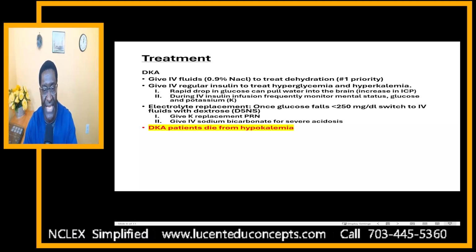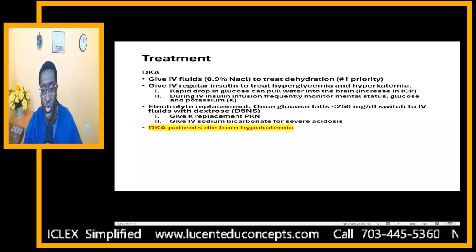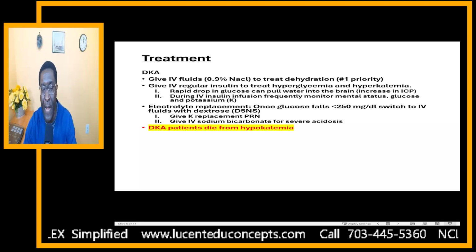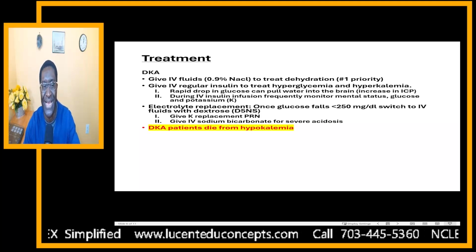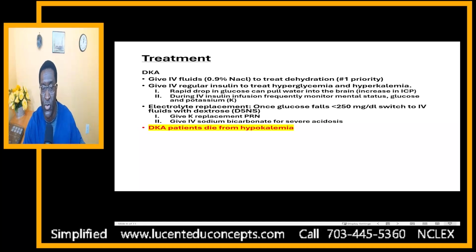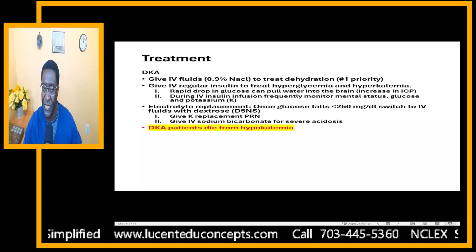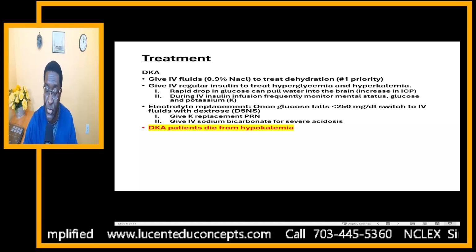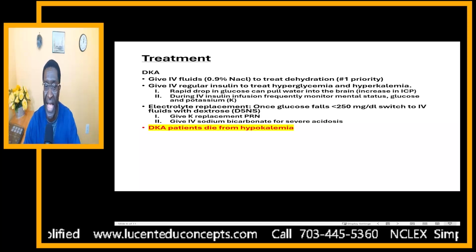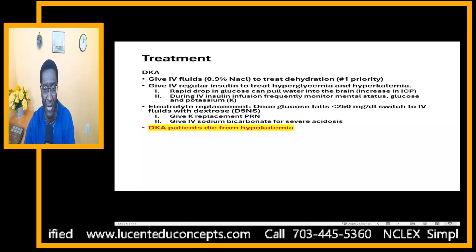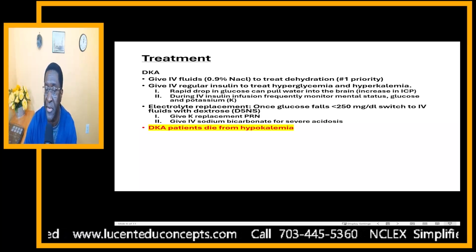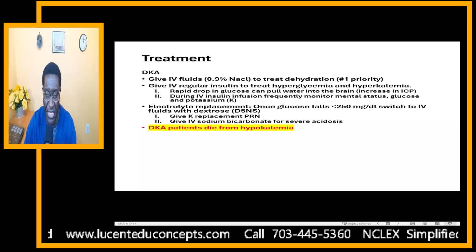Therefore, we can have the tendency of going directly into hypoglycemia. And at the same time, because our goal is to decrease the amount of potassium, we can also end up in hypokalemia. So again, it's a catch-22. When you are treating people for something that is higher, you end up with something lower.